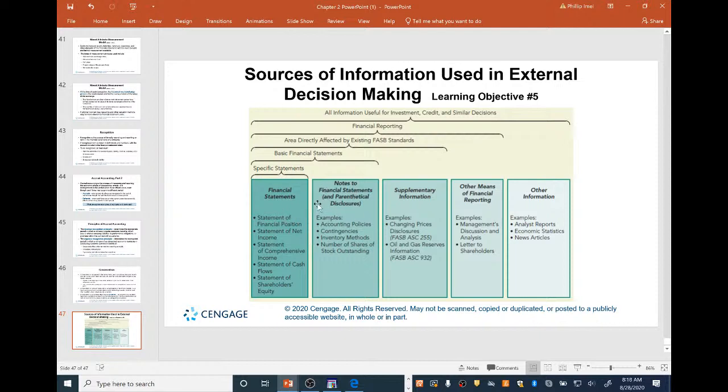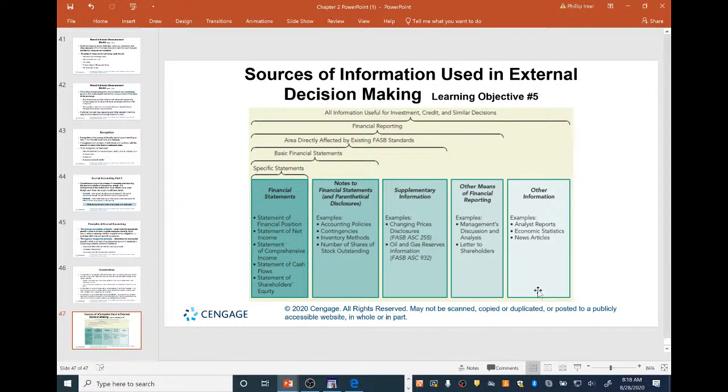Basic financial statements, we know that is just the main statements we just listed and the notes. So those are going to be the basic ones. The ones affected by the existing FASB standards, obviously, that's going to be the statements, the notes, supplementary information. And then we've heard of the management discussion and analysis, all that. That's affected by financial reporting, other information, analysis reports, economic statistics, news articles, stuff like that.